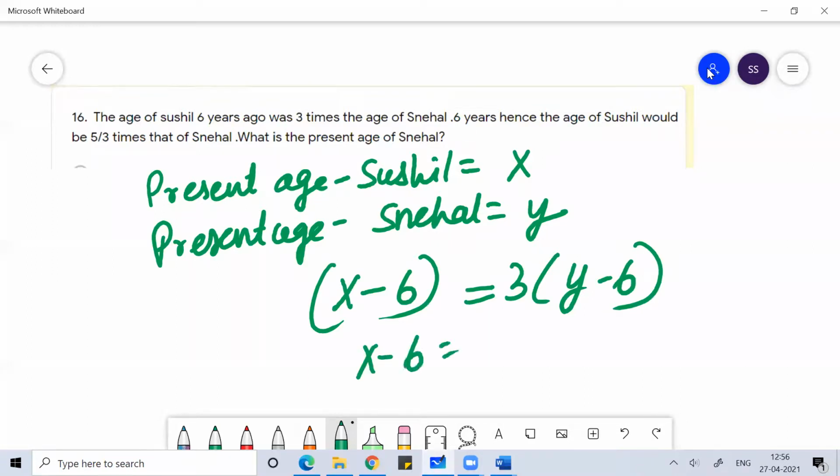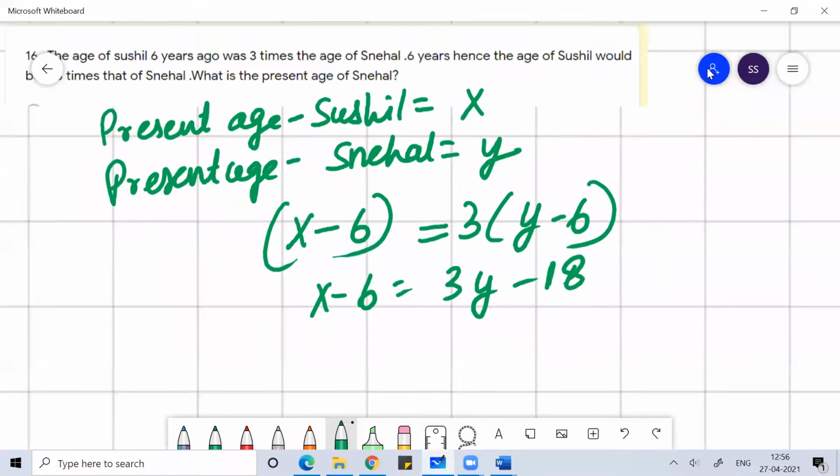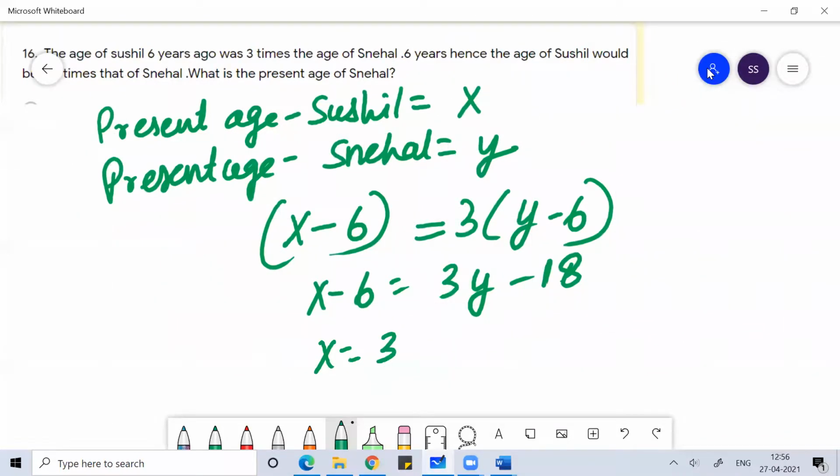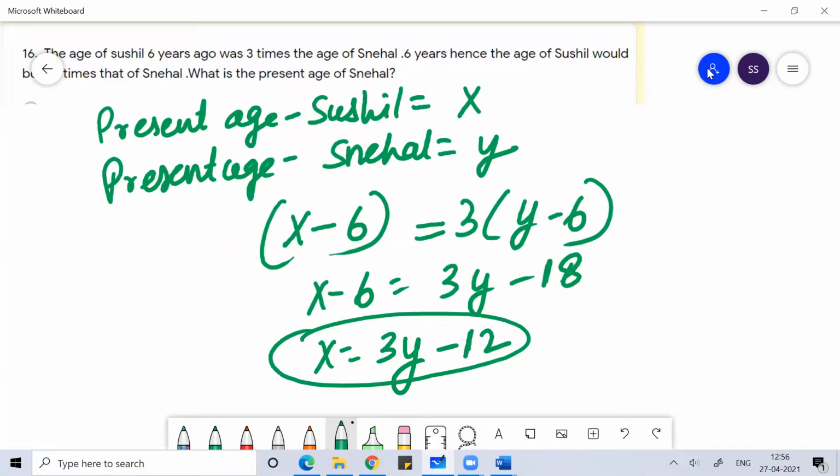So X minus 6 is 3Y minus 18, so X is equal to 3Y minus 12. This is your first equation.